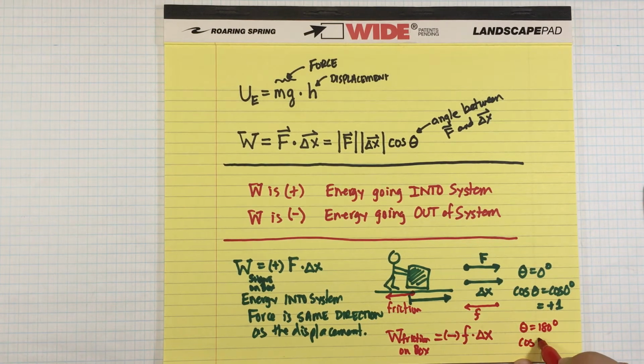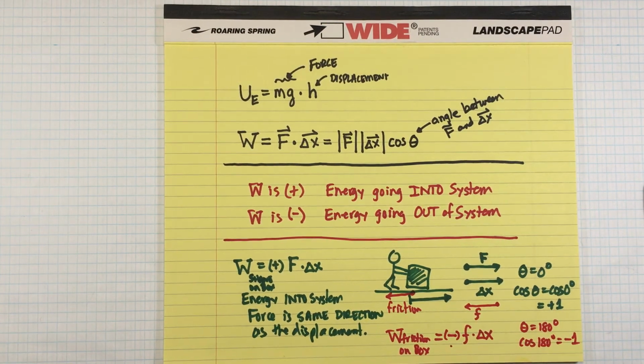And so the cosine of 180 degrees is -1, and that's where that minus sign in the work done by the friction on the box actually comes from. So in that case, energy is removed from the box. And in this case, the friction force is in the opposite direction as the displacement.